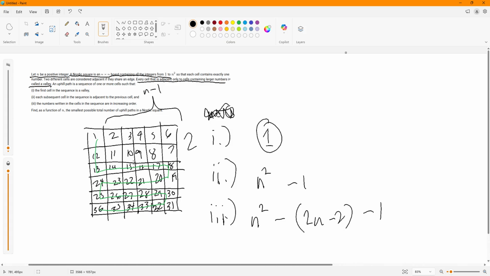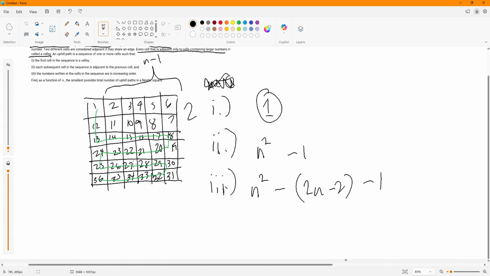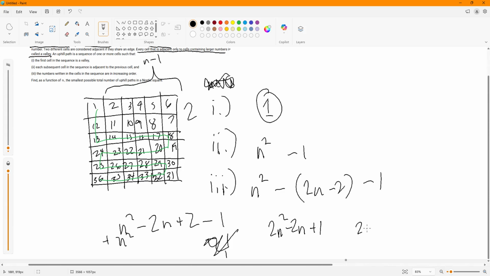You add them all up: n squared minus 2n plus 2 minus 1, plus n squared minus 1, then plus 1. These cancel, and it becomes 2n squared minus 2n plus 1, which is 2n(n minus 1) plus 1. That's the answer.